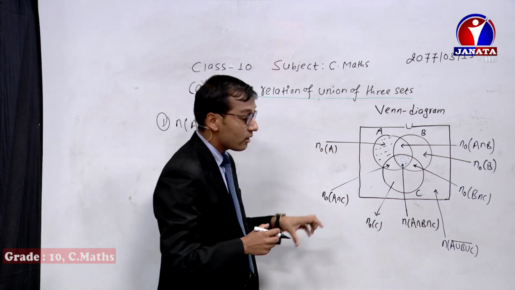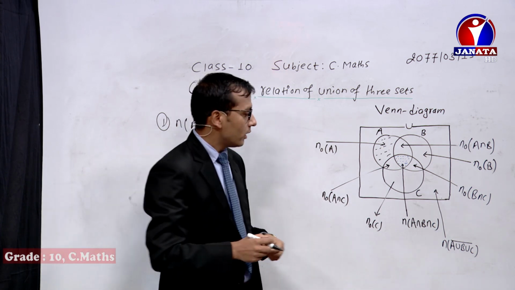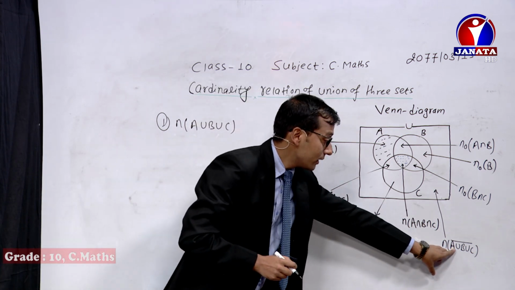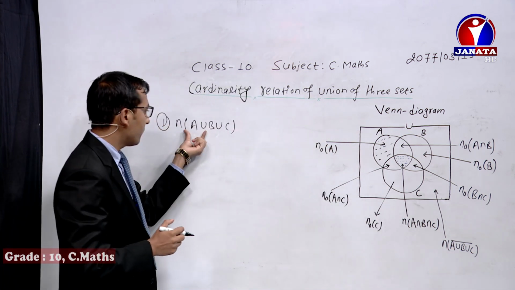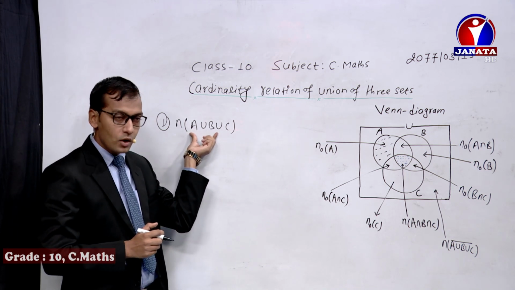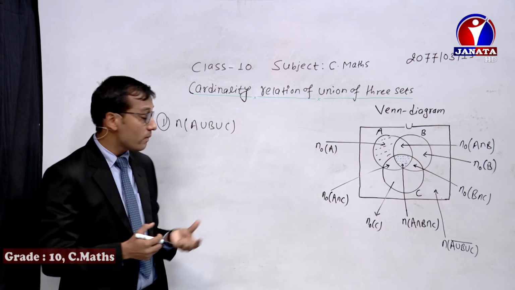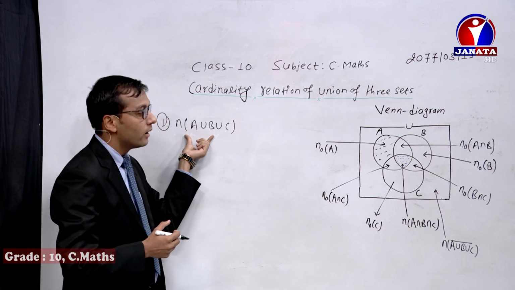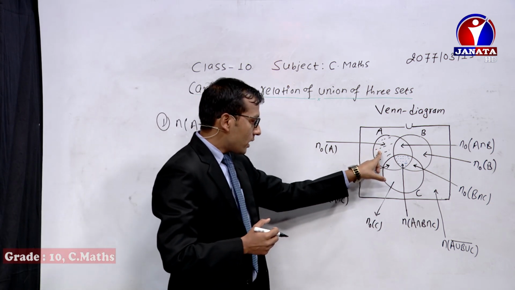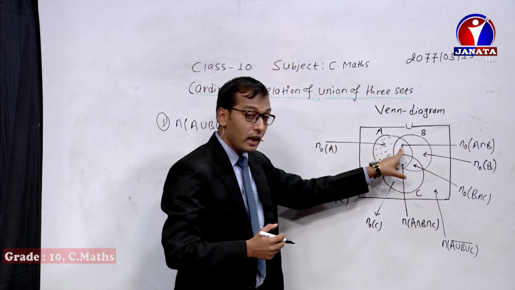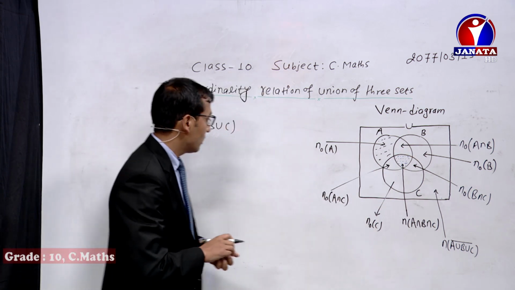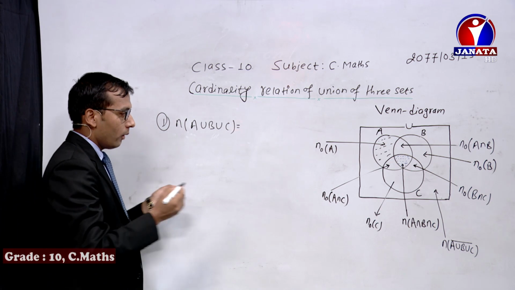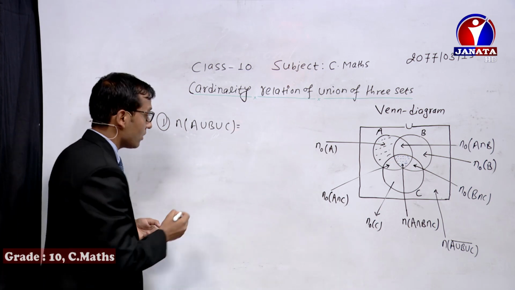There are a total of 8 different regions in the universal set, but the complement does not belong to n of A union B union C. So what are the different regions contained by n of A union B union C? These different regions are: this one is n only A, this is n only A intersection B, and so on. So there are a total of 7 different regions which we can represent by different set notations.